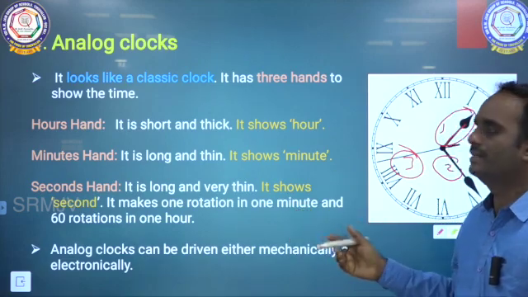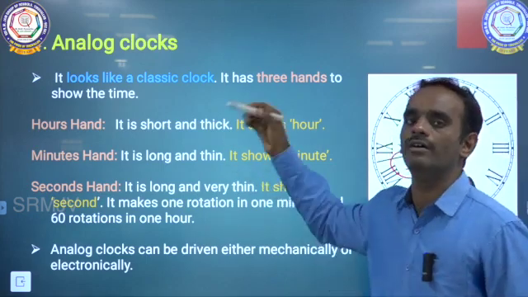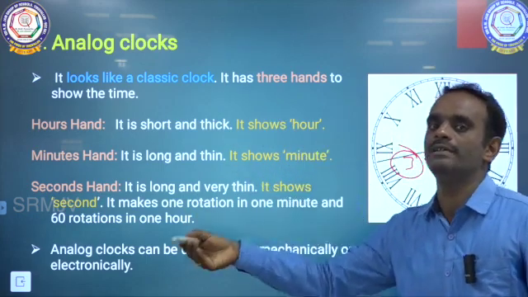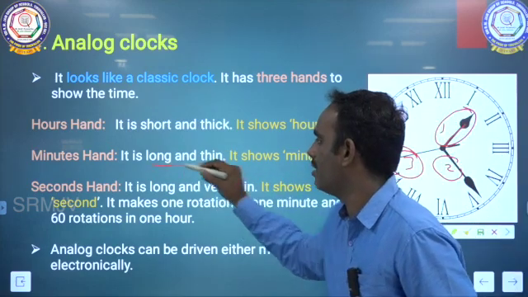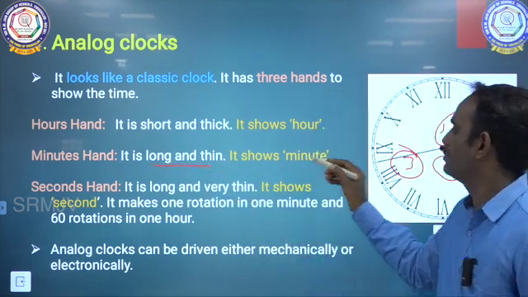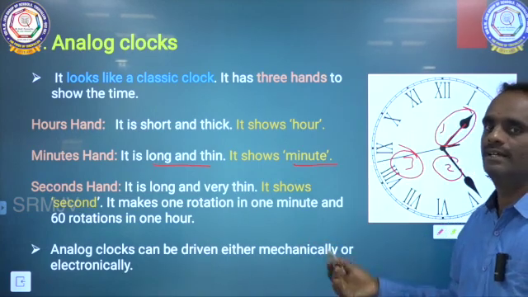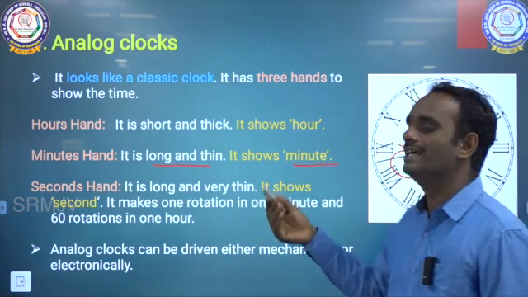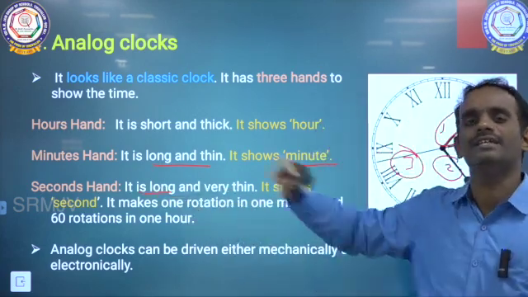Second one is the minute hand. Minute hand is long when compared with the hour hand. So, minute hand is long and thin. It shows only the minutes, 5 minutes, 7 minutes, 10 minutes, like that. The third hand is called the second hand. It is long and very thin.